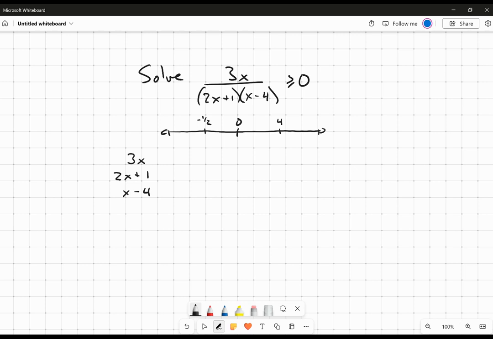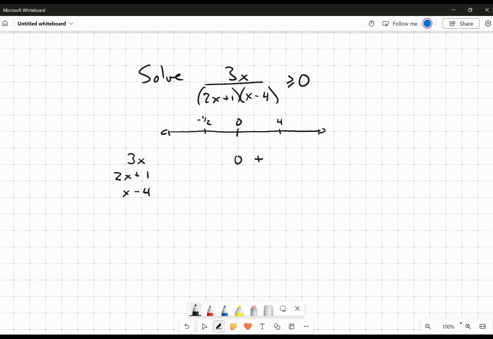So what I want to do is take a look at how these different little functions behave along the number line, and then I'm going to put all their behavior together. So where does 3x become 0? Well, it's 0 at 0. But if you choose anywhere where x is positive, 3x is going to be positive. So between 0 and 4, it's going to be positive.